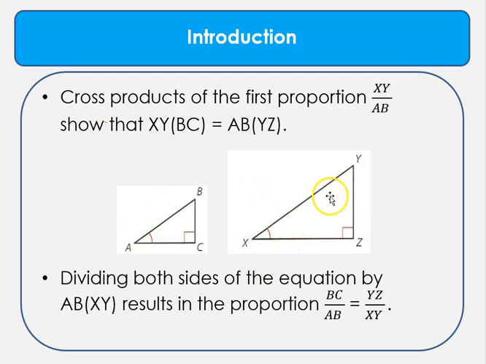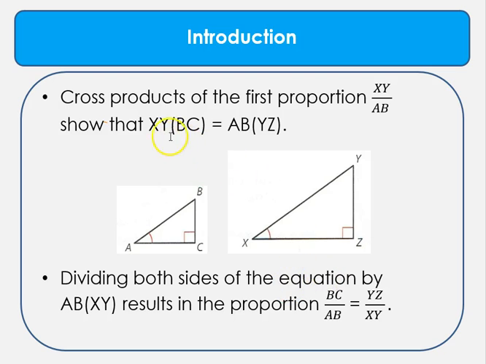If we multiply XY times BC, this is the hypotenuse of the large triangle, multiplied by the short leg of the small triangle, we can do the same with the small triangle's hypotenuse and the large triangle's short leg. So they will be equal to each other. And we know this about similar triangles and their similar parts, that we can create many different proportions.